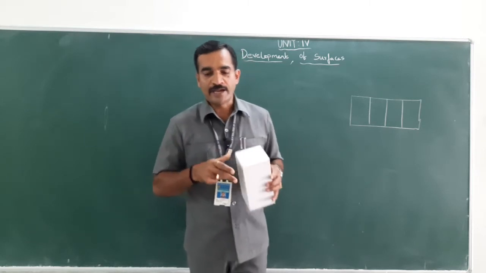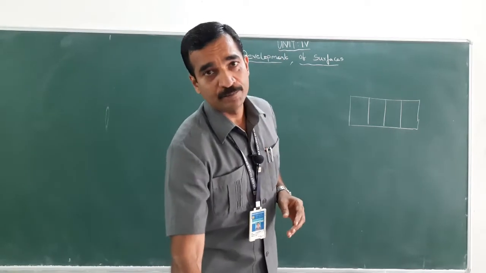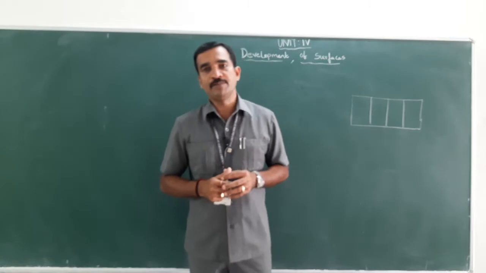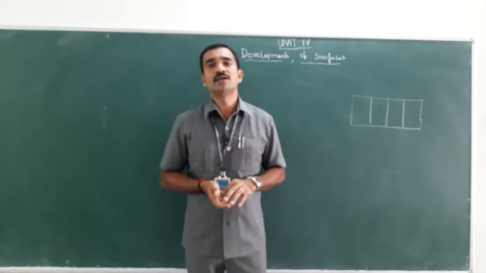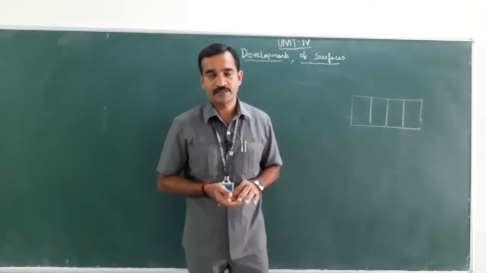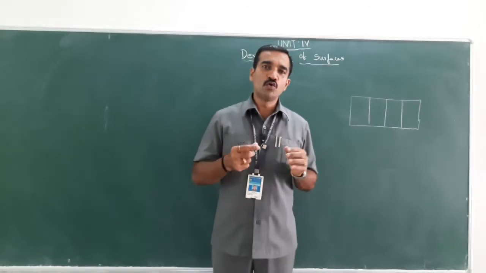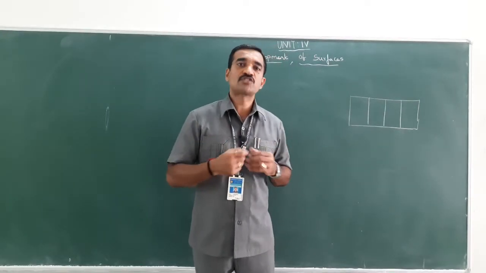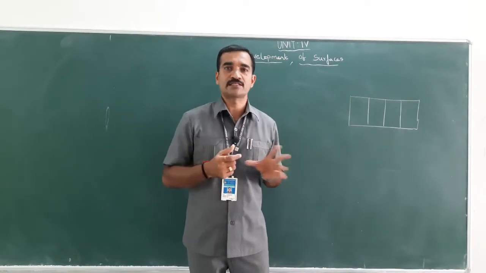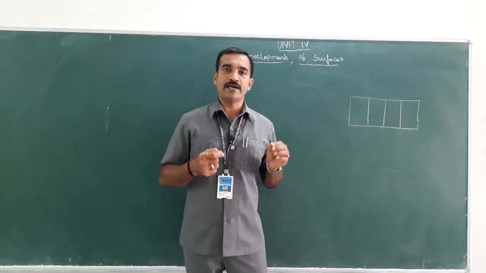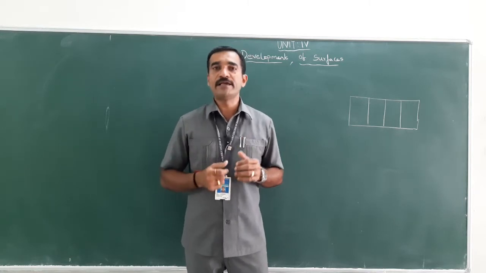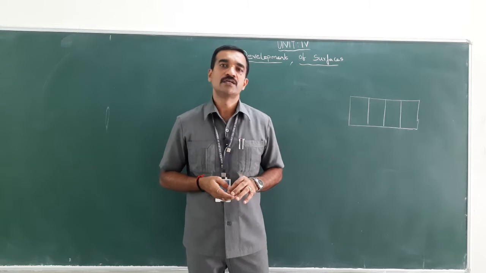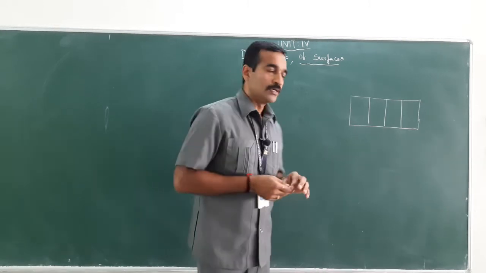Got it? And the surface that is generated in a curved shape is nothing but the curved surface. A surface which is generated by moving a straight line is called a plane surface, and one that is generated by a curve is called a curved surface. Got it?